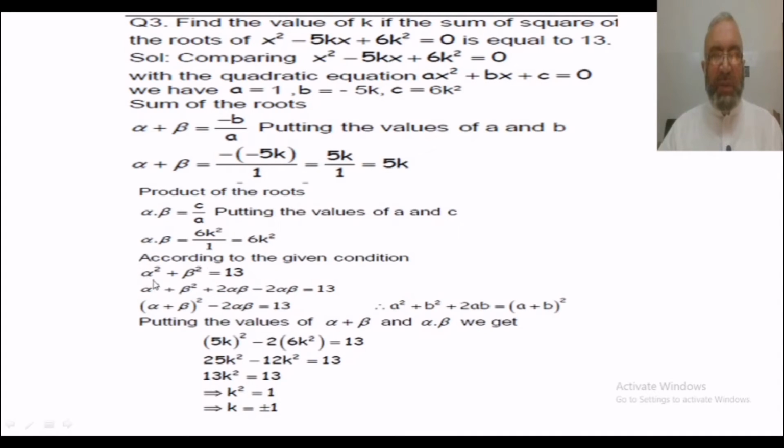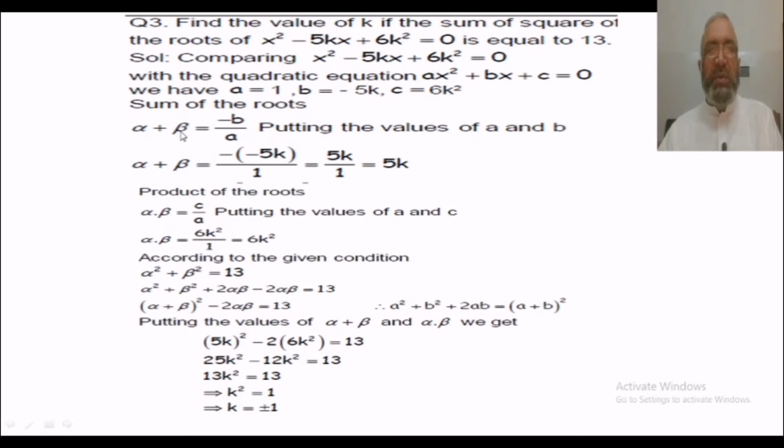To use this condition, first of all we are going to find the value of sum of the roots and product of the roots. So for sum and product, comparing the given quadratic equation with the standard form of quadratic equation ax square plus bx plus c equal to 0, we get a is equal to 1, b is minus 5k and c is 6k square.